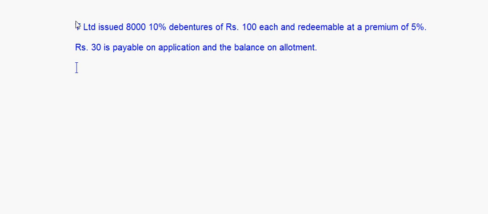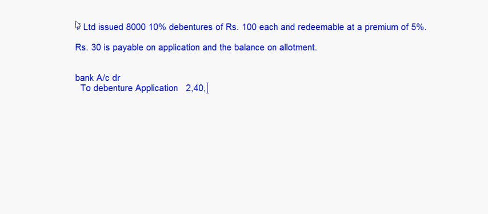Okay, now in this case, the bank account debit to debenture application, this will be 8,000 into 30, right? 30 is payable on application. So 8,000 into 30 is 2,40,000, right?